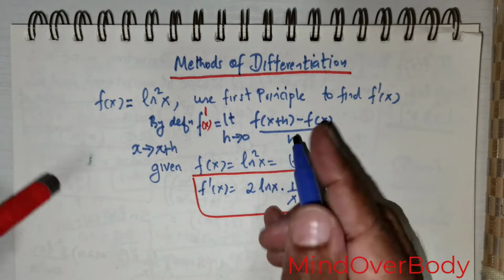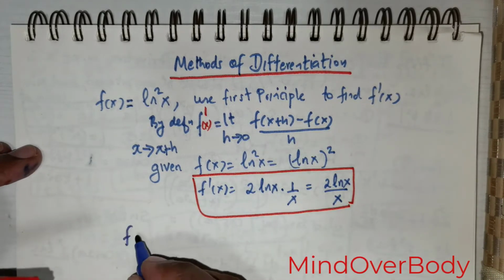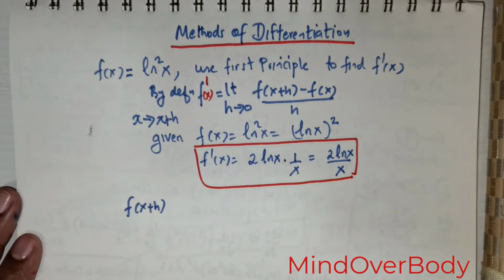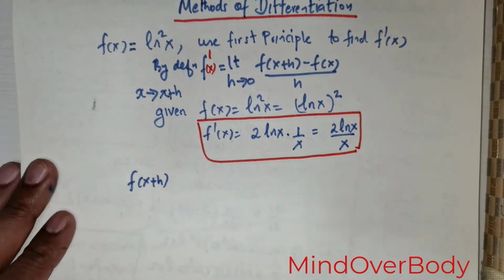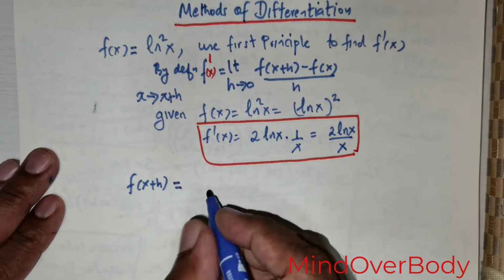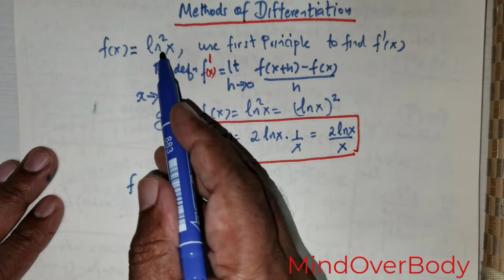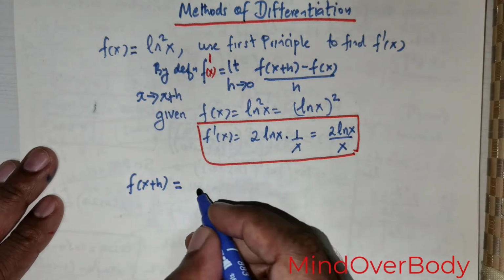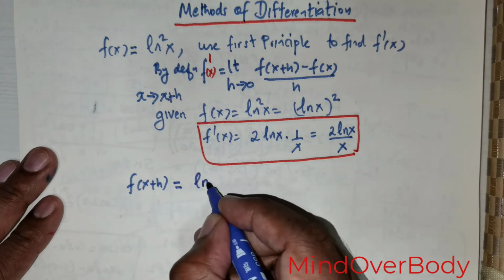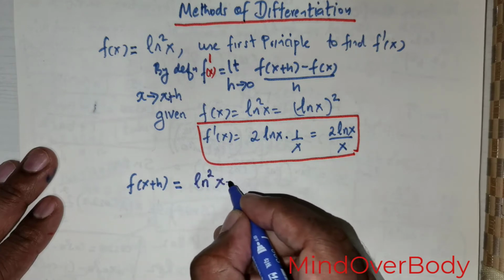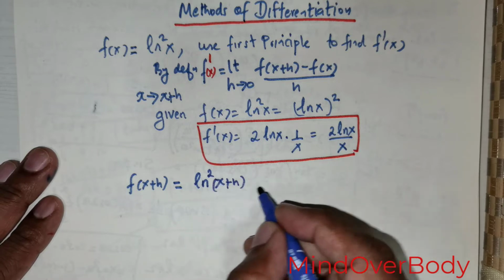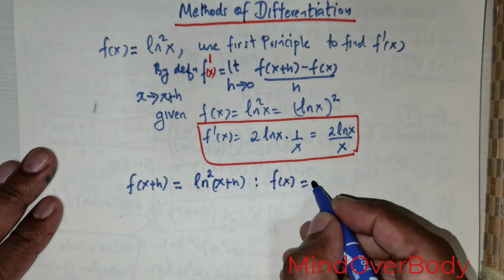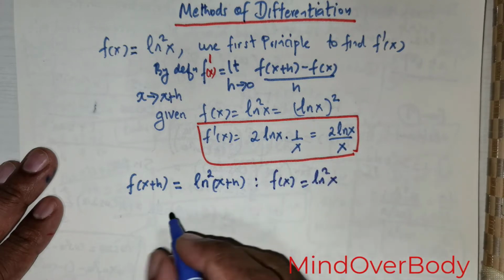Now first we need to find f of x plus h. So f of x plus h is equal to, now we will have to substitute in place of x plus h. So this is going to be ln squared of x plus h. Now we already have f of x as ln squared of x.